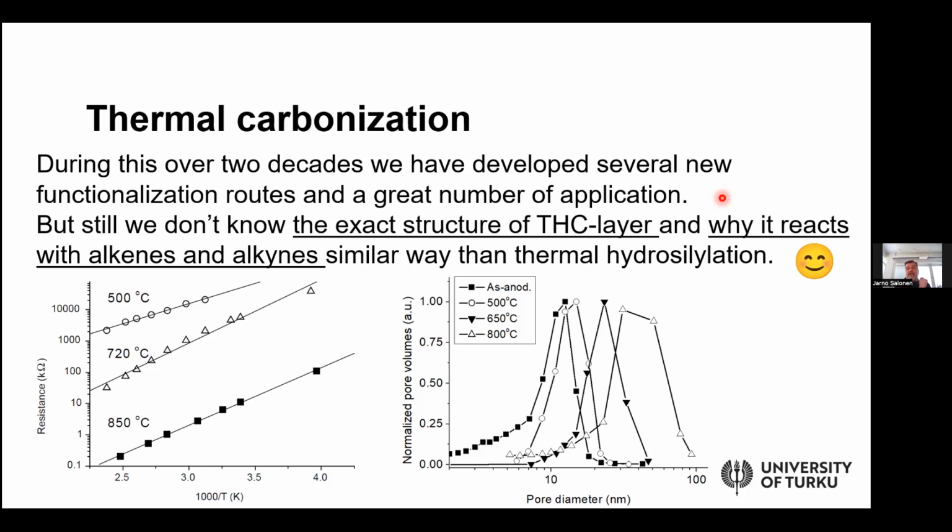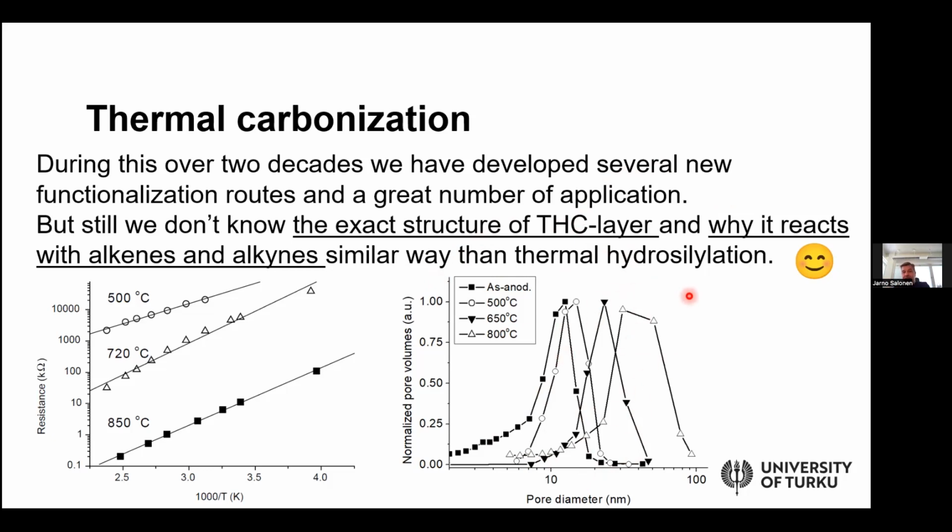And more importantly, we don't understand why it reacts with alkenes and alkynes in a similar way to thermal hydrosilylation. We don't know why it happens, but it works, so we don't mind.